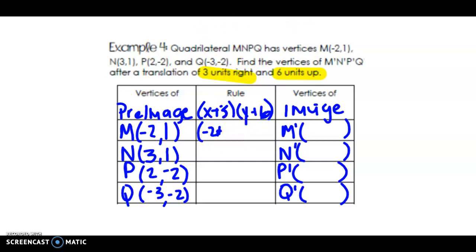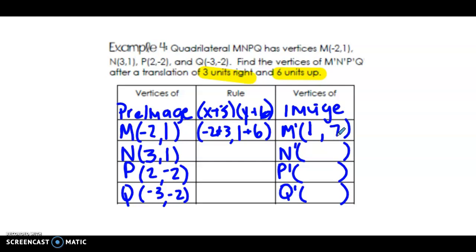So it was plus 3, and we had a comma. And so the y is 1. You can see it right here, 1. And we're going to do plus 6. That is the rule. So negative 2 plus 3 is 1. And 1 plus 6 is 7. So the new point would be 1, 7.